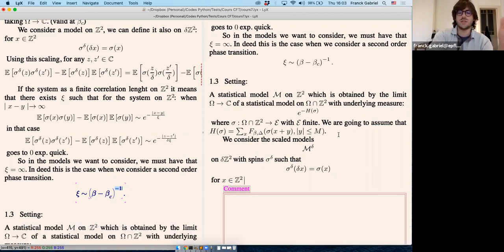So you are just scaling the grid. You don't touch the sigma. You just scale the grid.